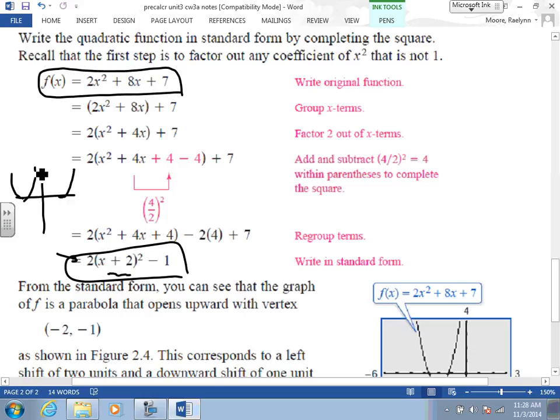Stretch this first a little bit, right? And then you would take this and shift it down 1. So could you do that from the original? No, really difficult from the original to do, but you can from this, your vertex form.